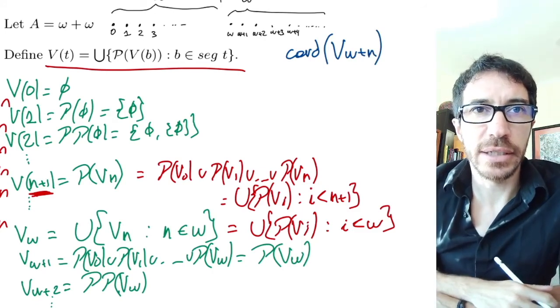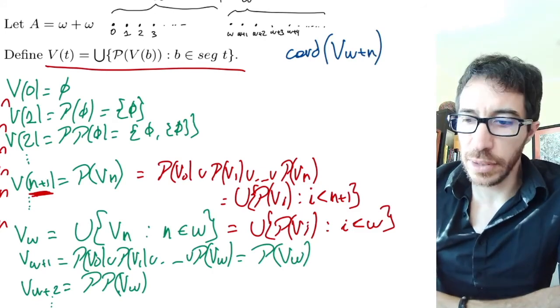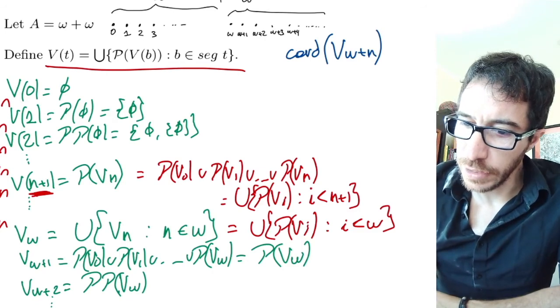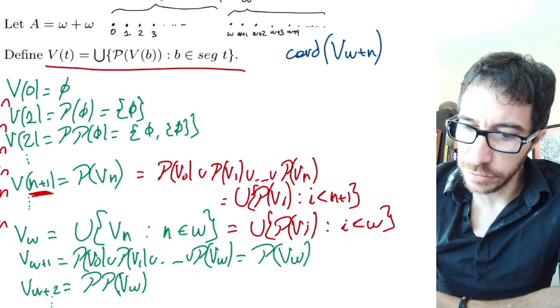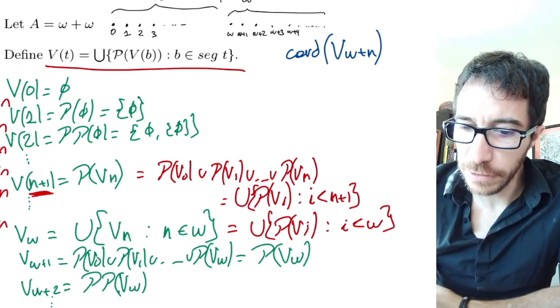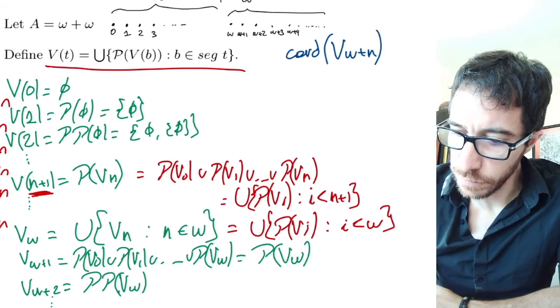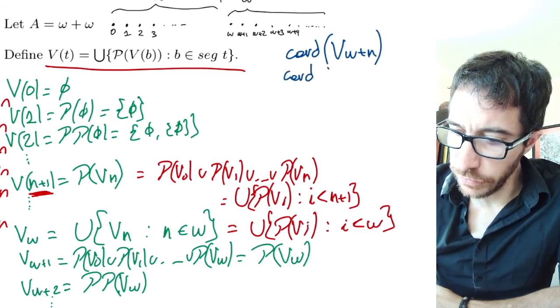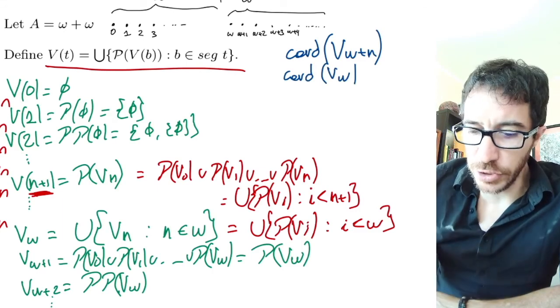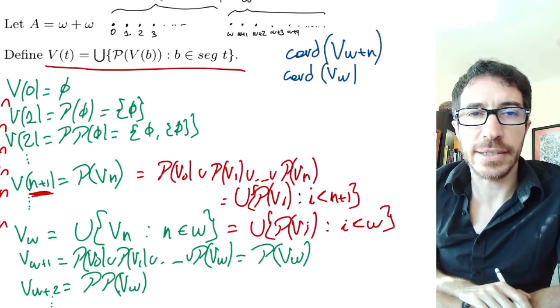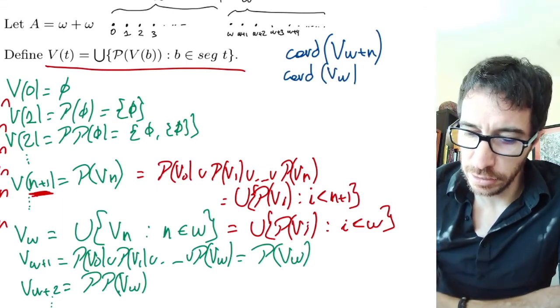Let's look at this. Let's start with the cardinality of V omega. Well, V omega is a countable union of finite sets, right?